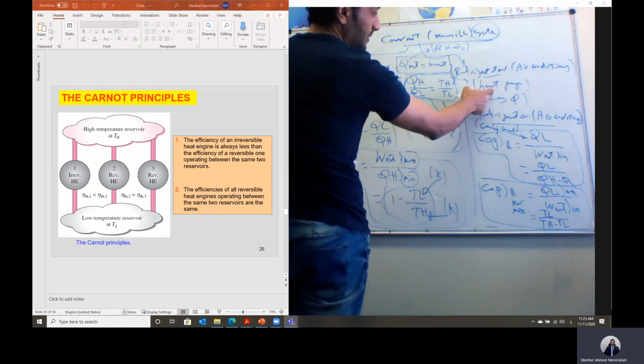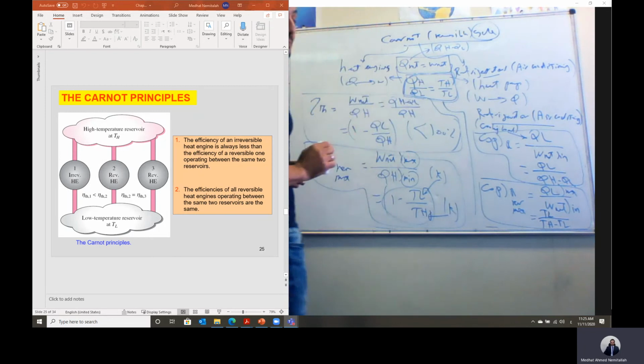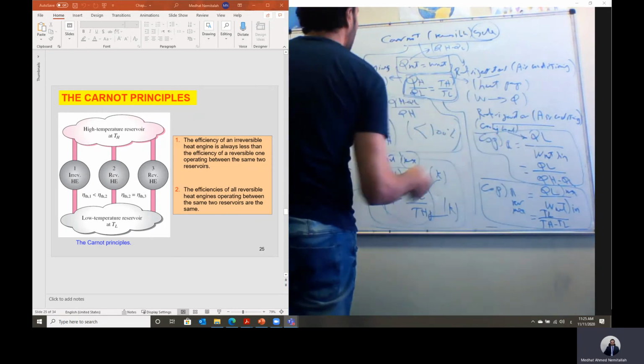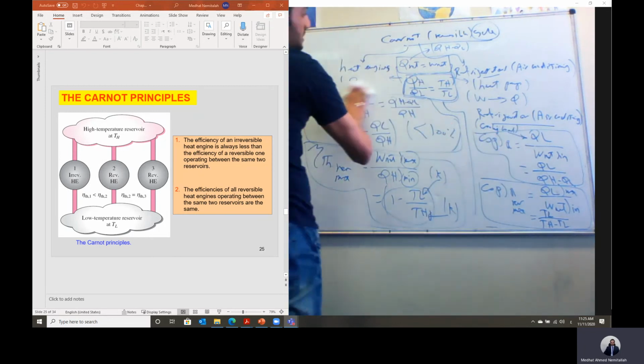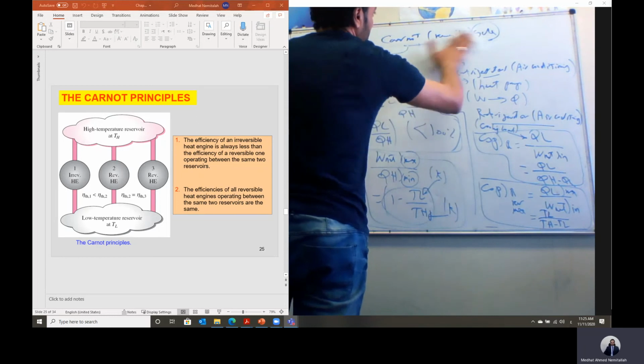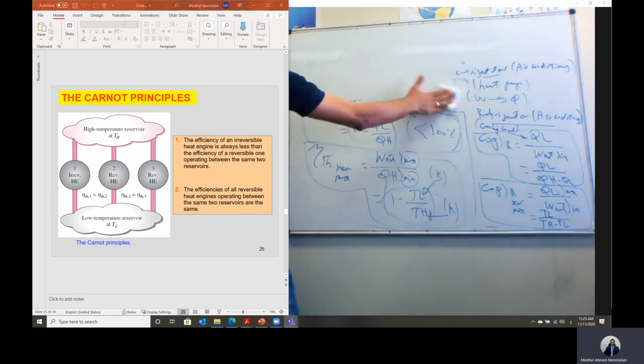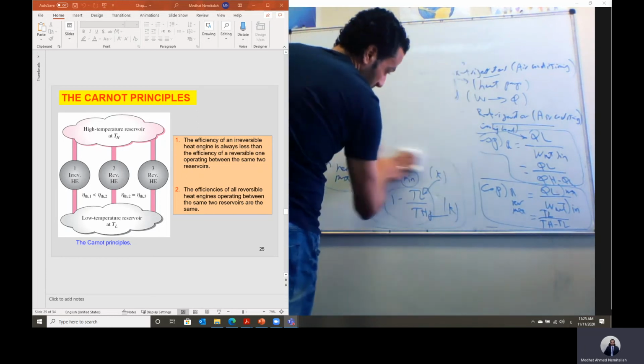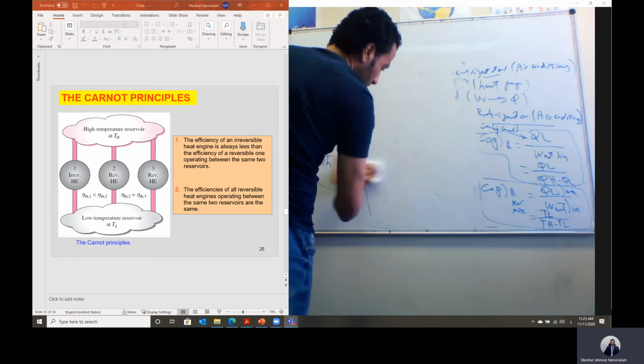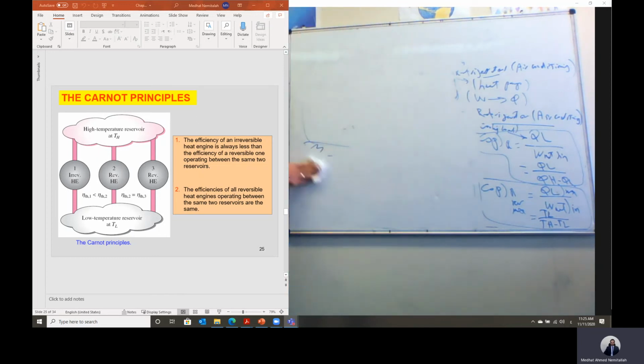What about the heat pump? The heat pump is the same cycle, but what we need from the system is the heat rejected, Q high, not Q low in this case. So in case we have a heat pump system, we also evaluate the performance using the coefficient of performance.